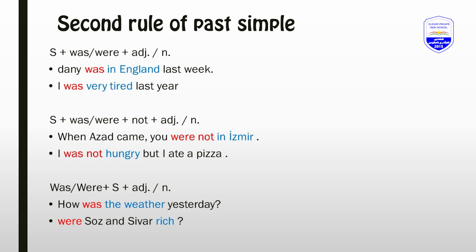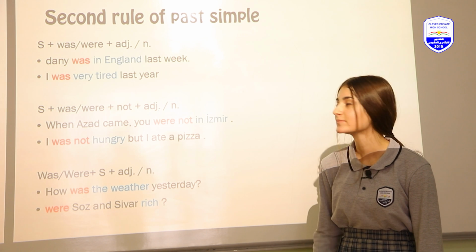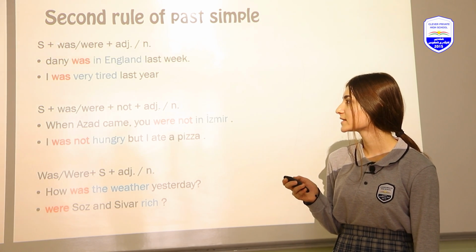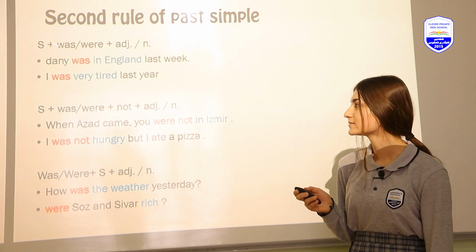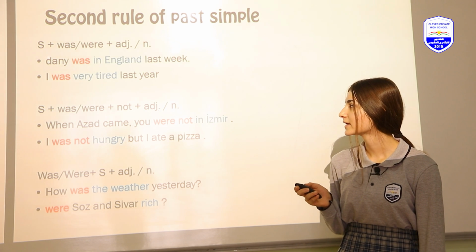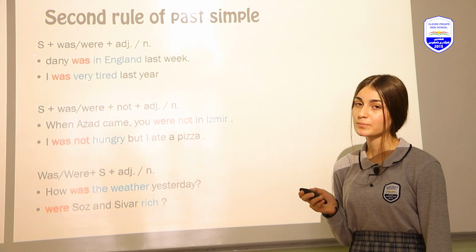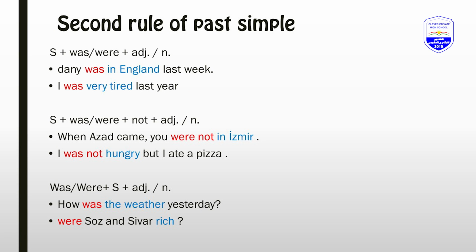Okay. Second rule of past simple. We have three forms: question, negative, and positive. In positive form, subject plus was or were plus adjective or noun. We use was if the subject is singular, and we use were if the subject is plural. We have two examples about a positive form. Danny was in England last week.